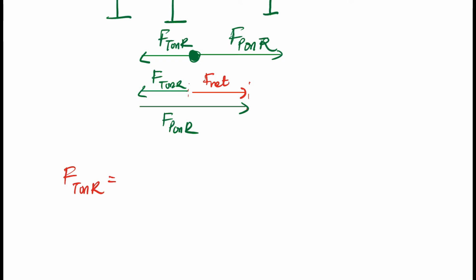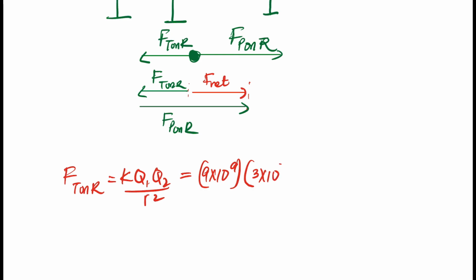The formula will be F equals KQ1 times Q2 over R squared, and then we substitute the force of T on R. We have K, which is 9 times 10 to the power 9, and then let's say that's T. It's going to be 3 times 10 to the power negative 9, and then R is going to be 1.5 times 10 to the power negative 9. Remember, T is negative, but we put it as positive in this.